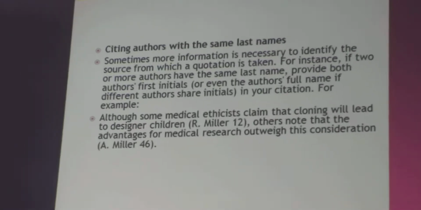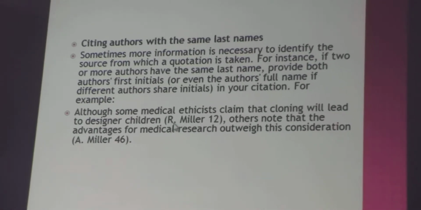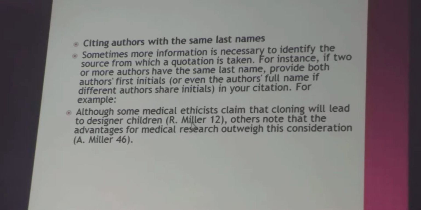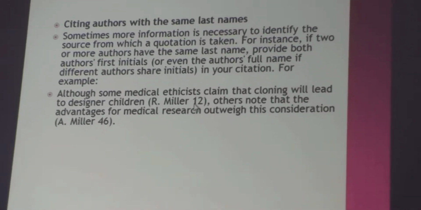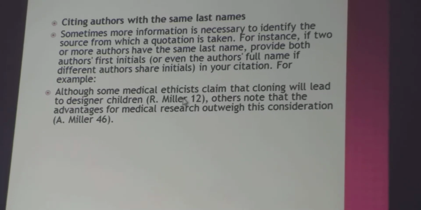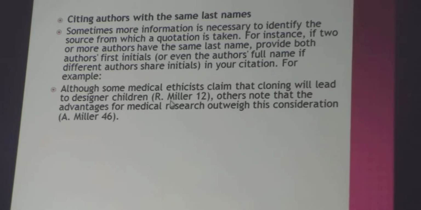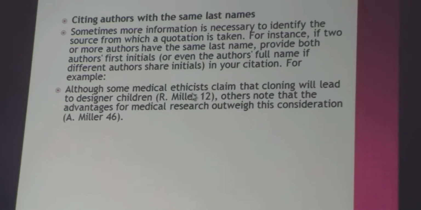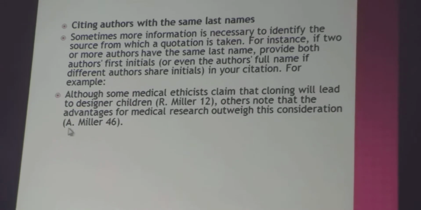The first initial letter of his first name. Okay? So initial letter, then full stop, then his family name, then the page number. So I want you to search how to do that in APA, but in MLA it is apparent here. You should mention the first letters of their first names.